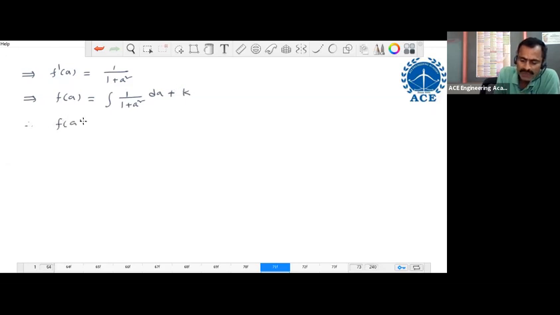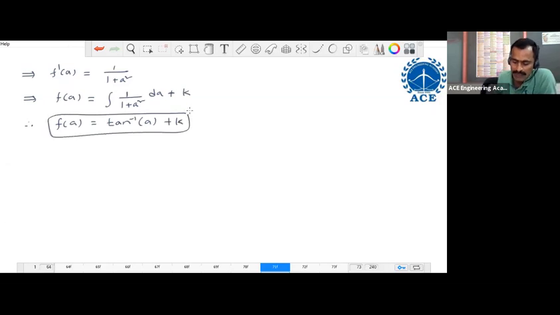Therefore, f of a equals tan inverse of a plus the integral constant k. One of the options contains tan inverse only, so this is the answer. f of a is tan inverse of a.